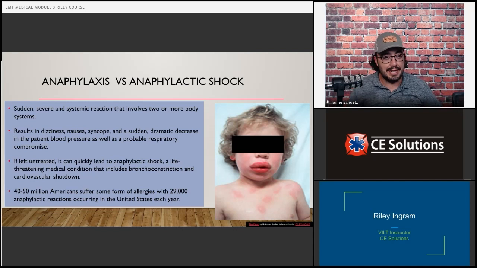Okay. That is a life-threatening medical condition that includes bronchoconstriction and cardiovascular shutdown. So now anaphylaxis is two or more body systems, and anaphylactic shock is bronchoconstriction and cardiovascular shutdown. Okay. So obviously the more severe is going to be anaphylactic shock, but that definitely has airway involvement.